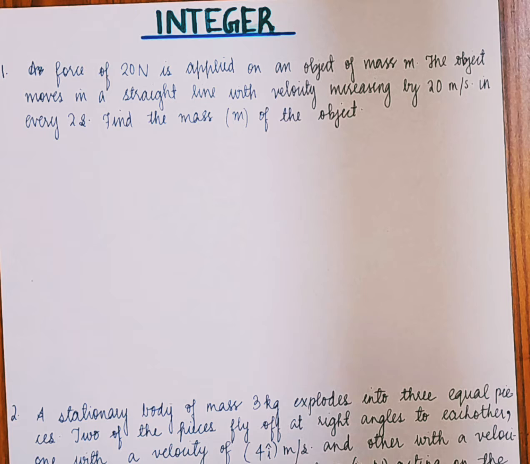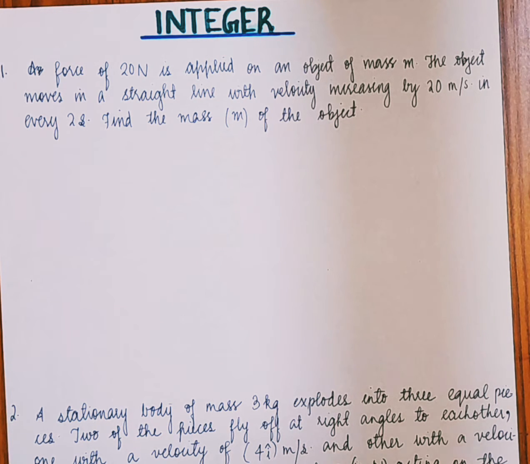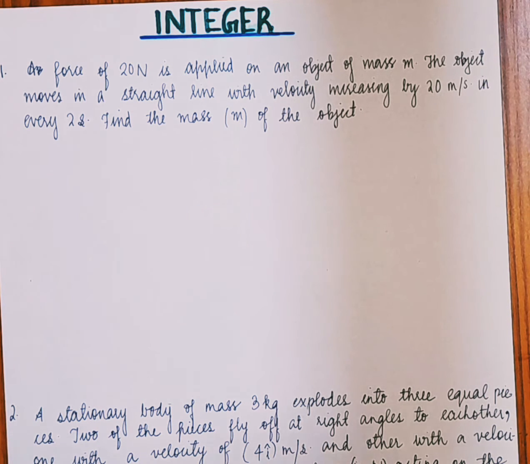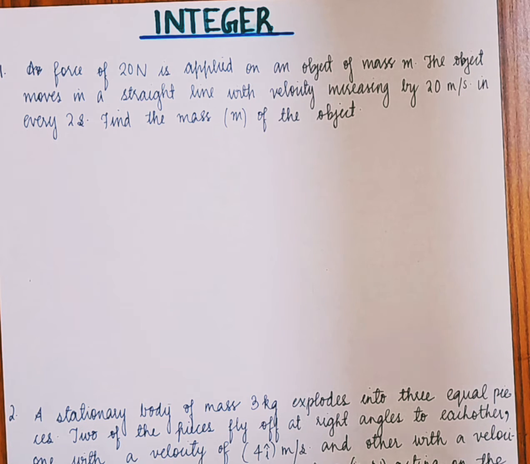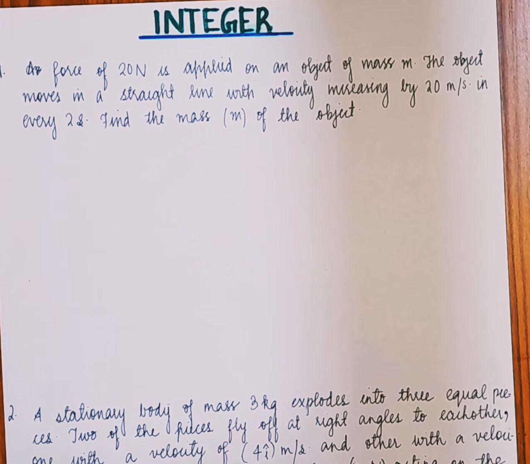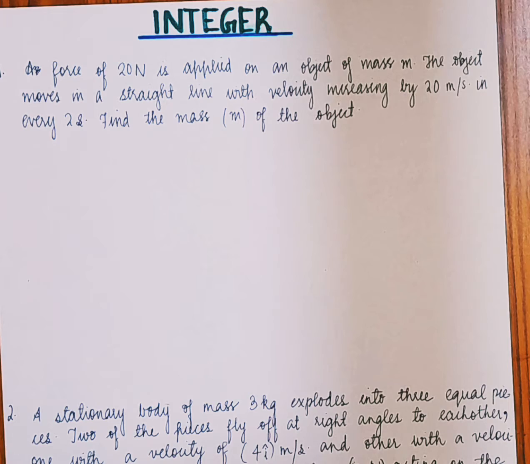So here velocity is increasing by 20 meter per second in every 2 seconds. With this given piece of information, we can find acceleration. What is acceleration? Acceleration is rate of change of velocity.